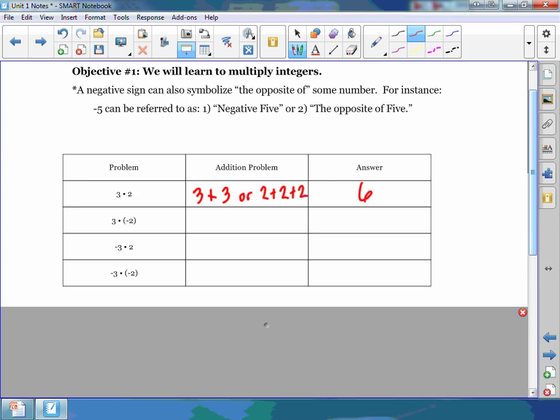All right. Now, 3 times a negative 2. JC. Yeah, there's your negative 2, negative 2, negative 2. It's 3 groups of negative 2. That's the equivalent of 3 times negative 2, which would lead to a sum of what, Ellie?